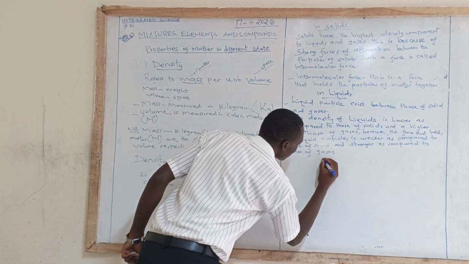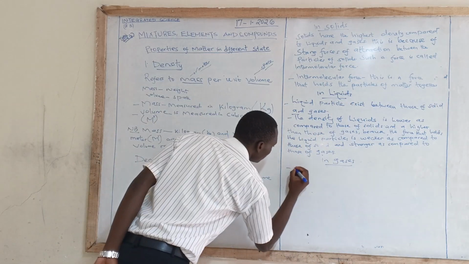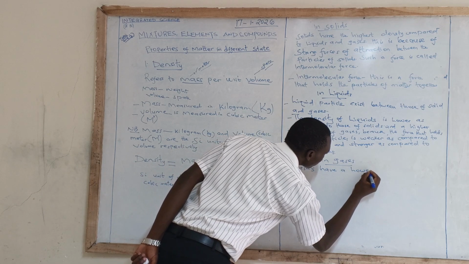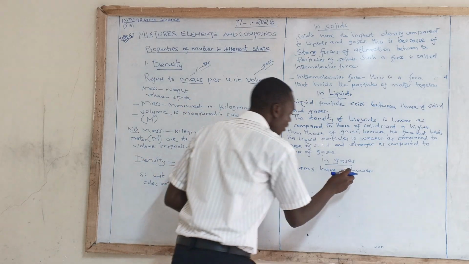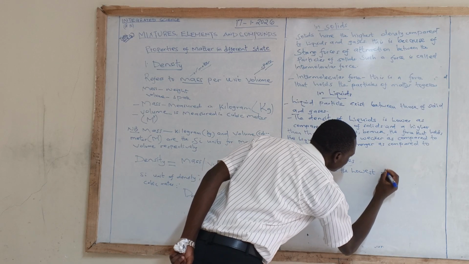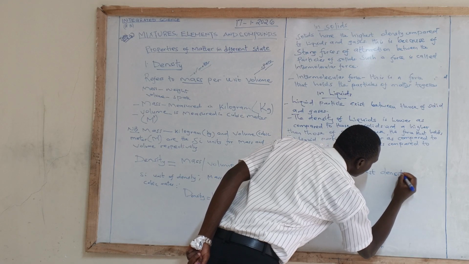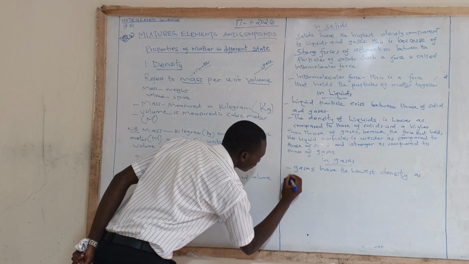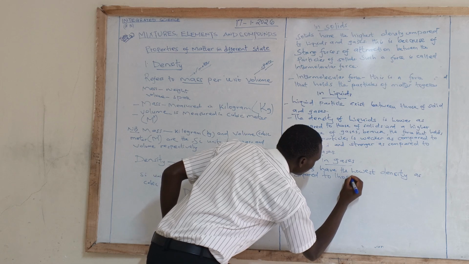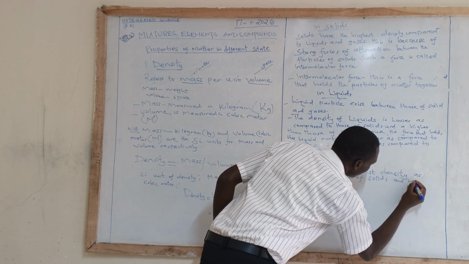Now in gases, we can say gases have the lowest density as compared to those of solids and liquids.